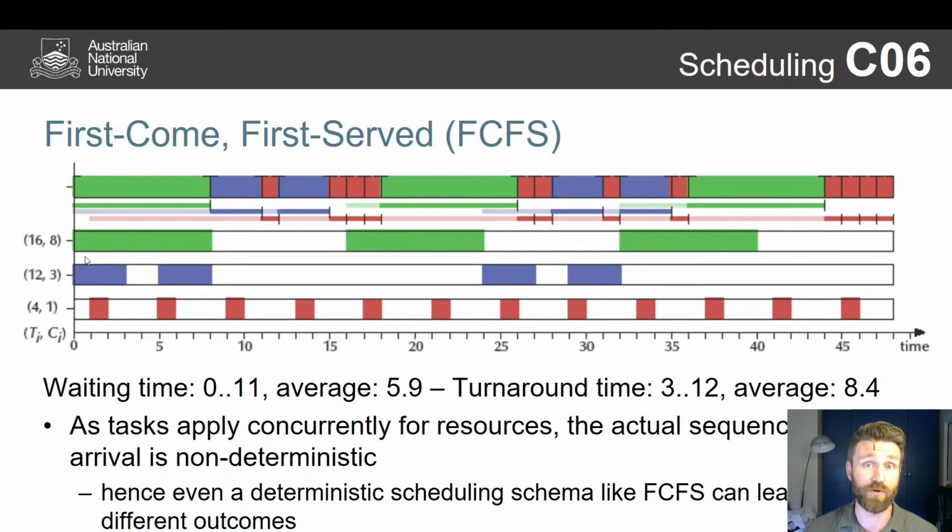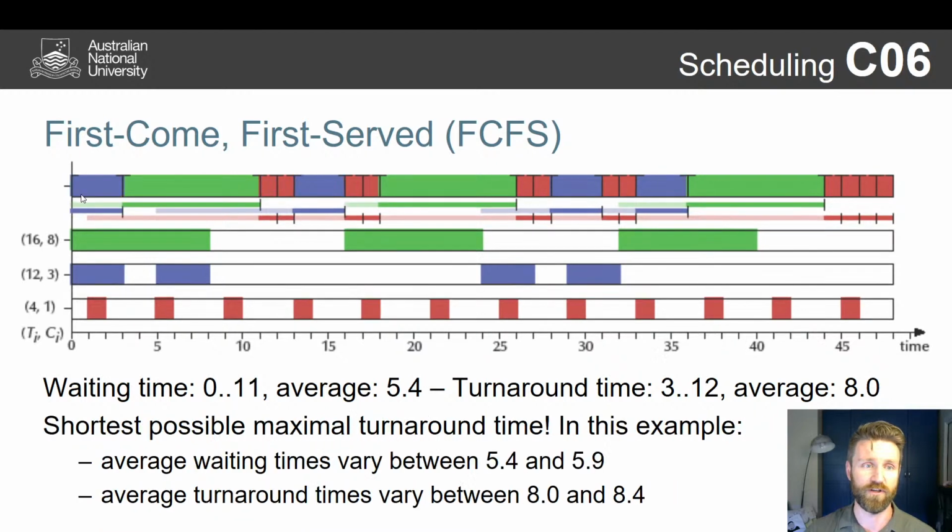And so, depending on which one we choose as first, we either get this outcome or we get the outcome where we run the blue process first. And like I said, it can make a big difference to the behavior of the system in terms of average, both waiting time and turnaround time. Yes, turnaround time is from when you requested to when the process is complete. Exactly.